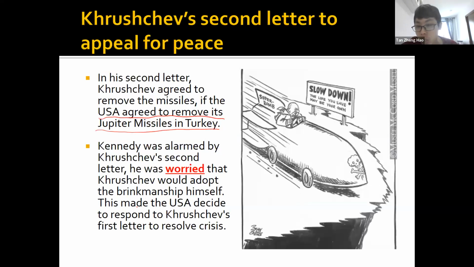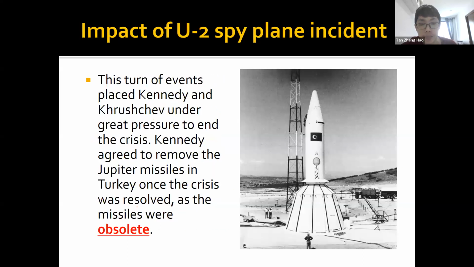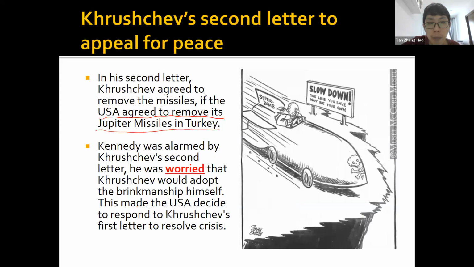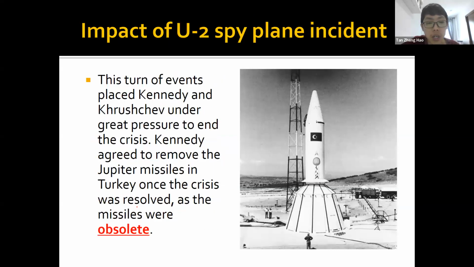So that is why he thought, I need to quickly come up with a peaceful agreement to end this crisis. In the end, Kennedy, under pressure, decided, I will respond to your demands in your second letter, which is to remove the missiles in Turkey. So Kennedy agreed to remove the missiles in Turkey once the Cuban Missile Crisis is resolved.